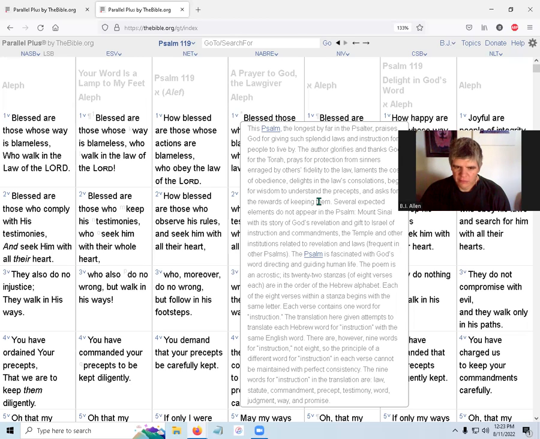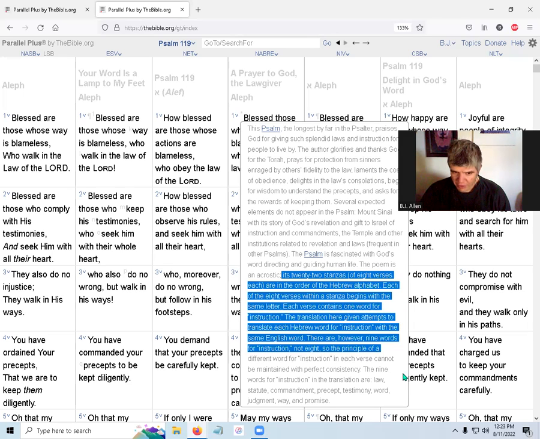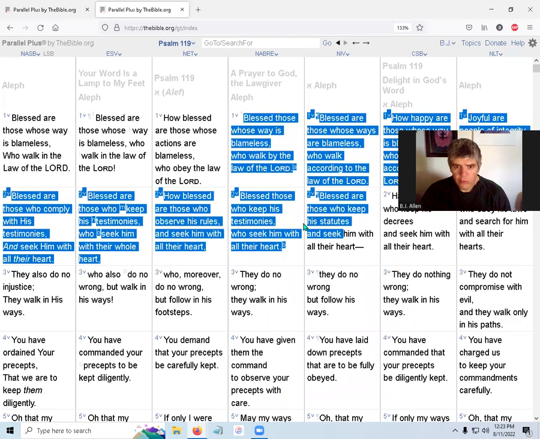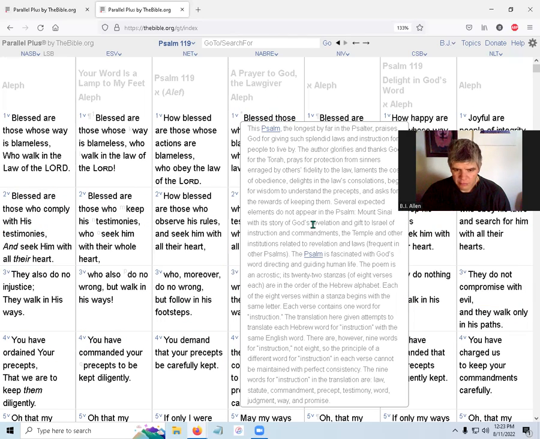The psalmist and the law, then there's the precept. That's true. 22 stanzas of 8 verses each are in order of the Hebrew alphabet. Each verse contains one word for instruction.